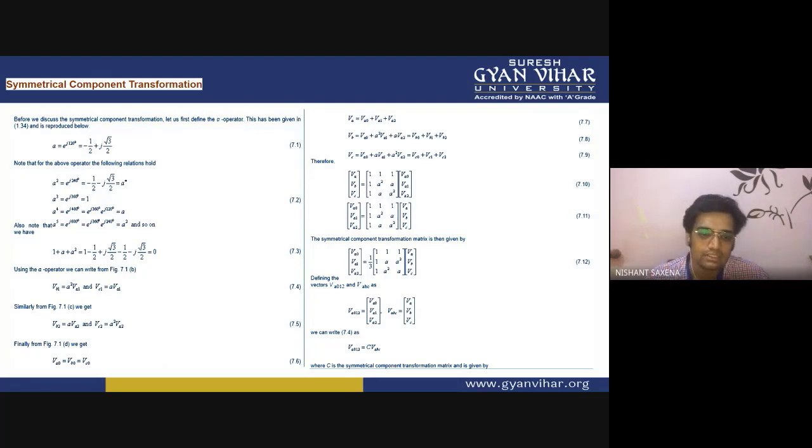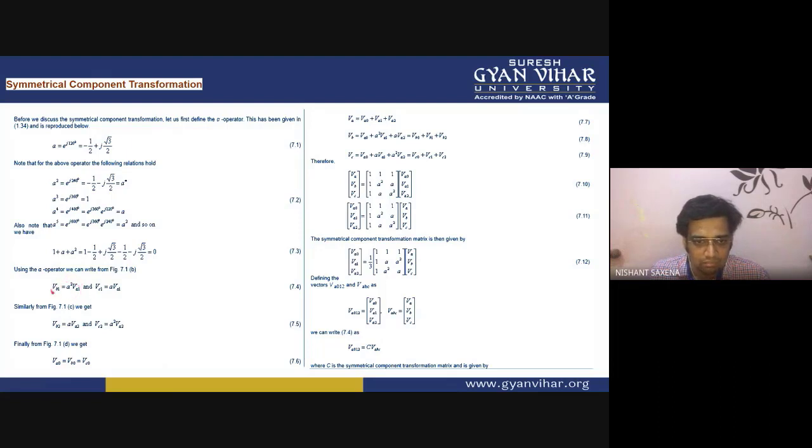Another important property is that 1 plus A plus A squared is equal to 0. Obviously, A and A squared are complex conjugates, so minus 0.5 and minus 0.5 give minus 1, the imaginary parts cancel out, and hence the sum is equal to 0.